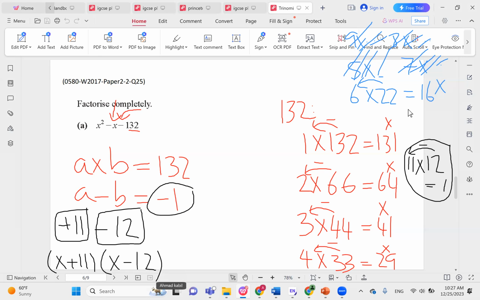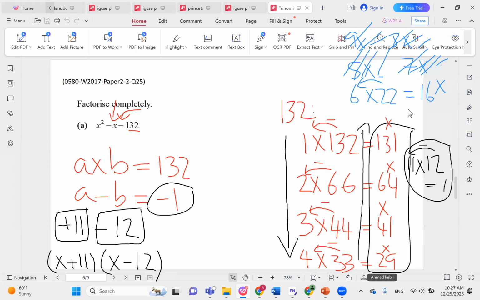Of course, you can always try this mentally because 1 times 132, you're looking for a difference of 1. So 1 and 132 are very far apart. And if you look at our numbers, you can see that as the first increases, the second decreases. So the difference is gradually getting smaller.